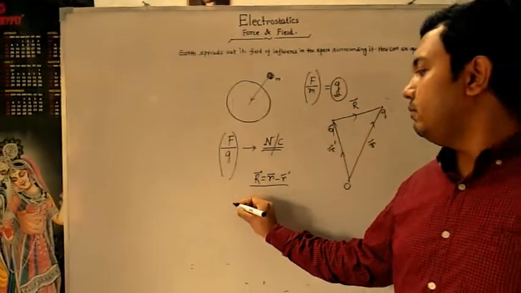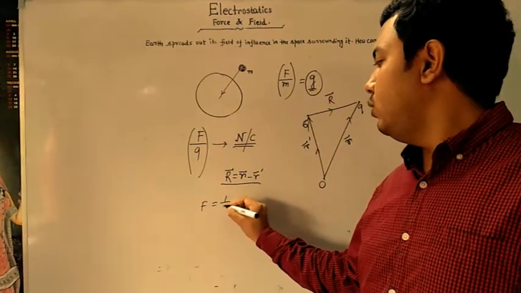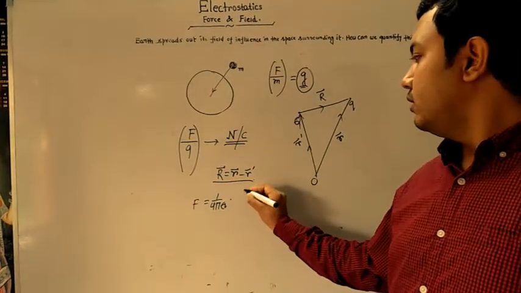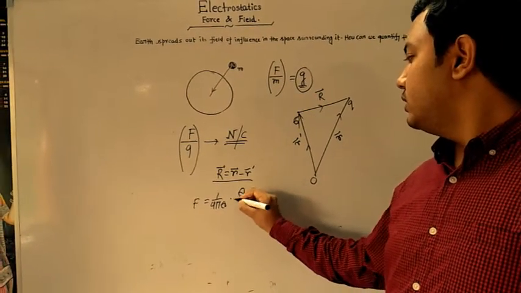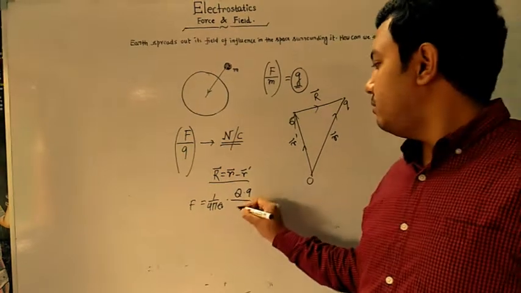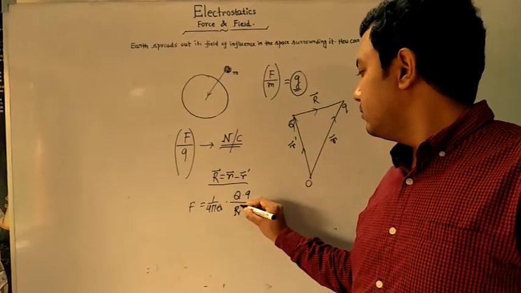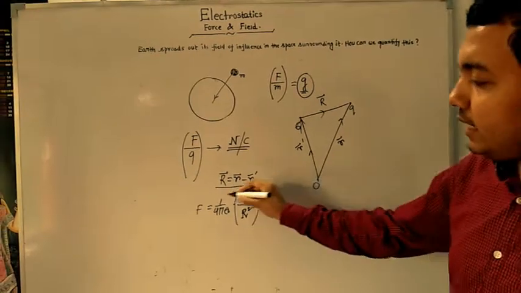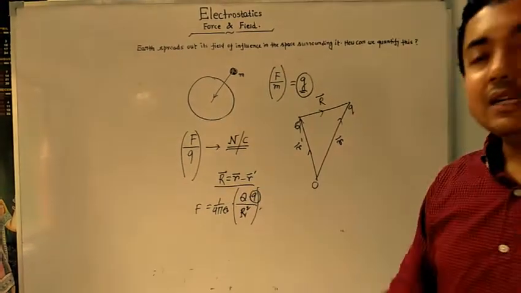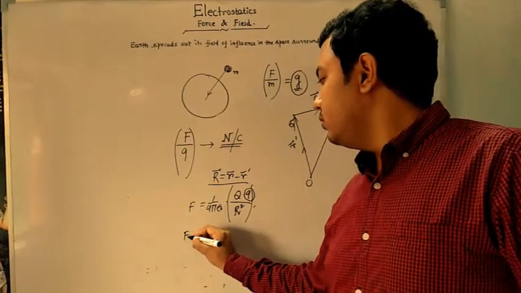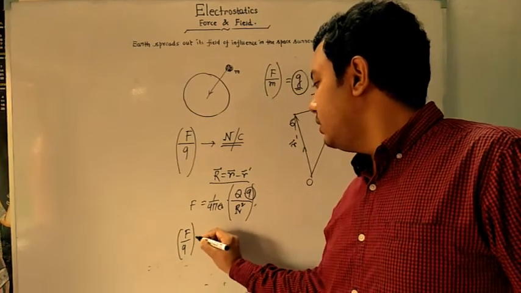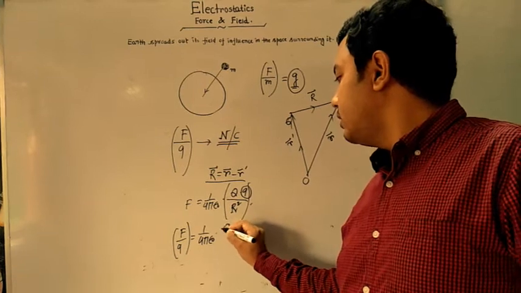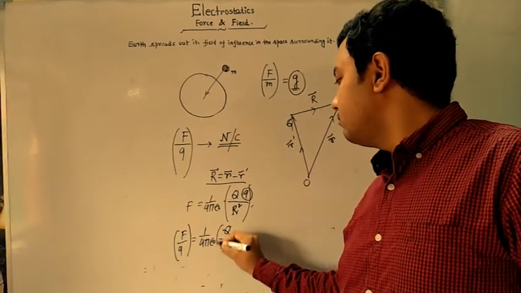The force will be F is equal to 1 by 4 pi epsilon naught Q divided by R square. Now, if we divide the force with the value of charge small q, then we get F by q is equal to 1 by 4 pi epsilon naught Q by R square.